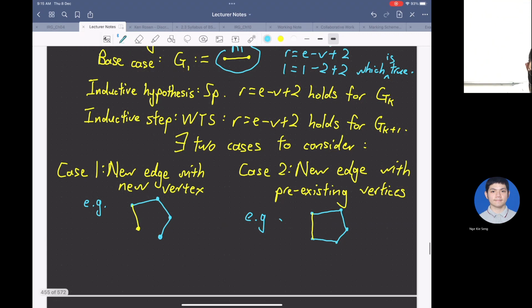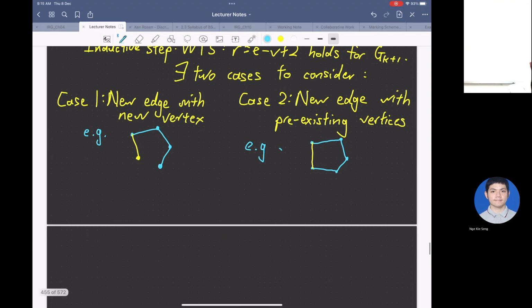Okay, what's case 1? So in case 1, does the number of regions increase or not? No, right? Okay, so RK plus 1 is equal to RK. So the number of regions doesn't increase. How about EK plus 1? How does it change?